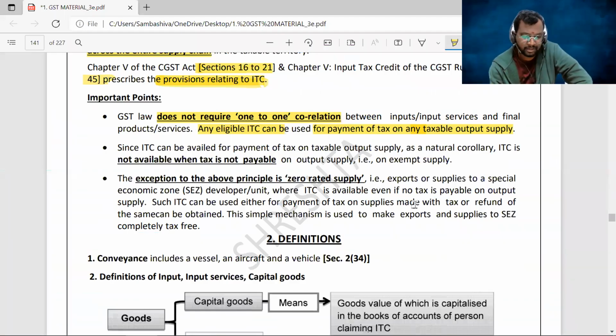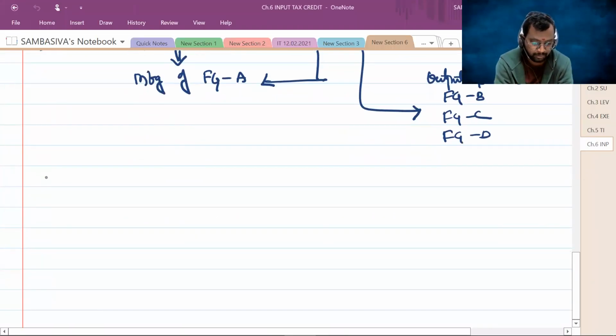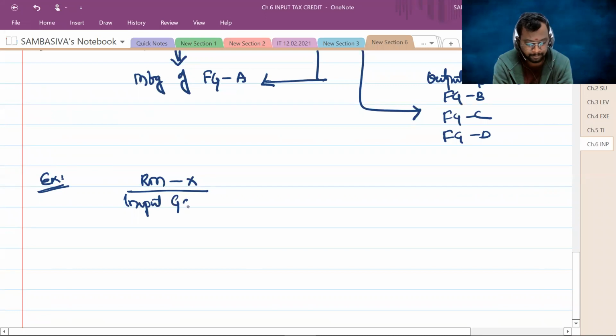Since input tax credit can be availed for the payment of tax on taxable output supply, as a natural corollary, input tax credit is not available when the tax is not payable on output supply, that is on exempted supply. So that means, see, let us take one more example. Sir, I have purchased raw material X and input GST paid is rupees 5 lakhs.